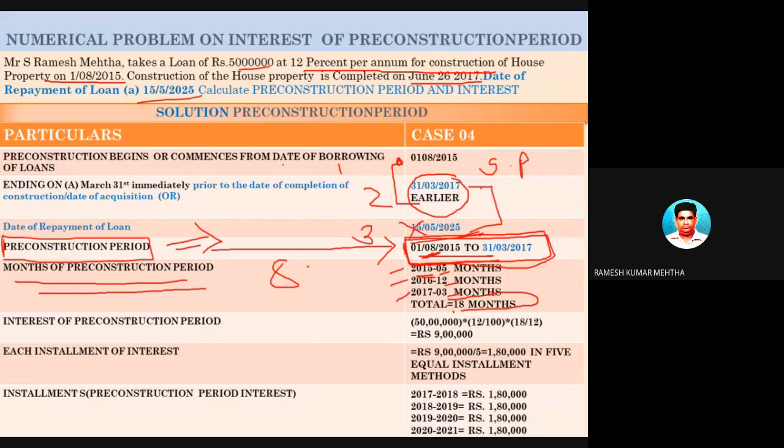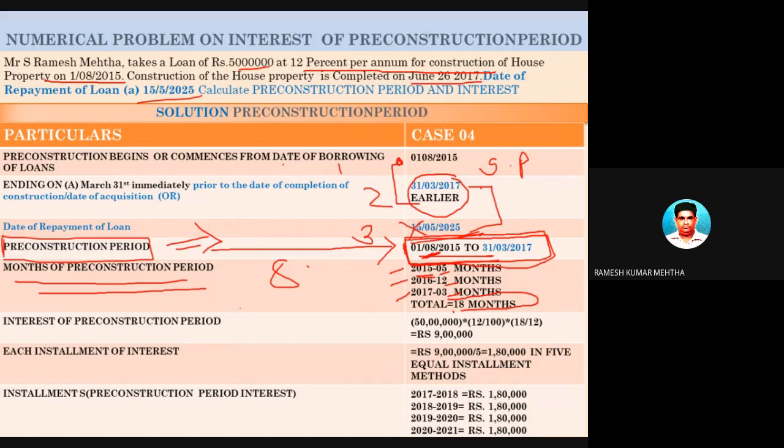Whatever interest we have paid in these 18 months is allowed to be deducted in five equal installments, and we will find out from which financial year this installment of pre-construction period interest can be shown. Now we have to find out how much interest he has paid for 18 months.